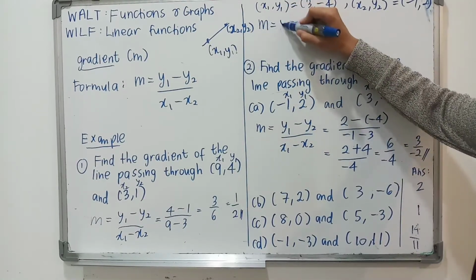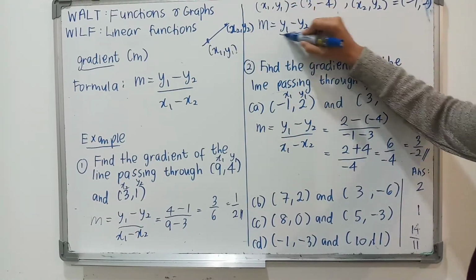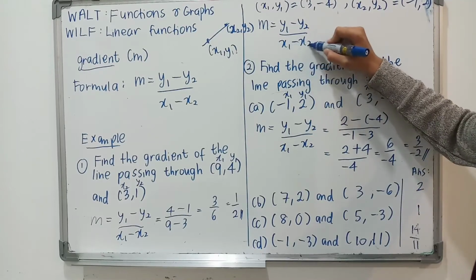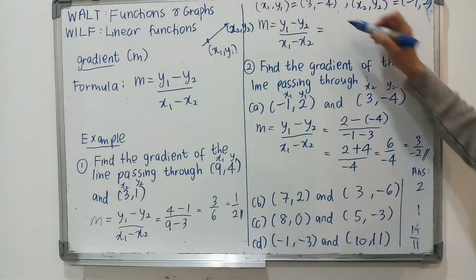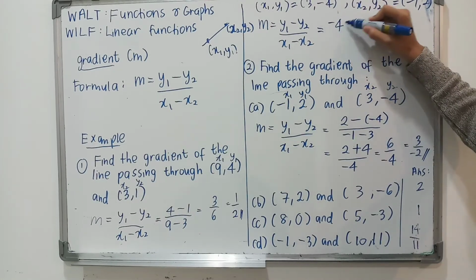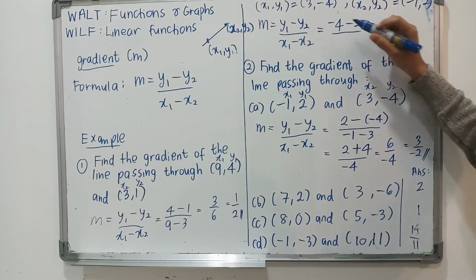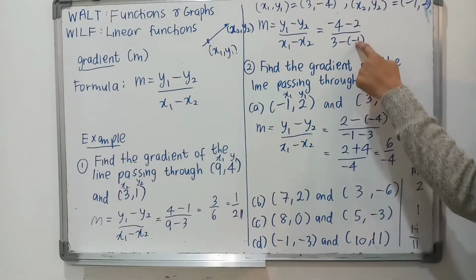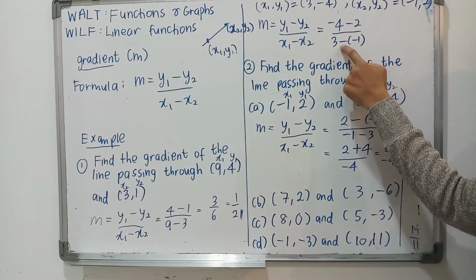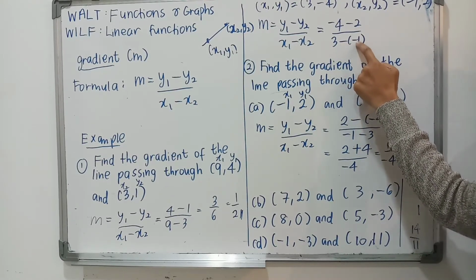M equals y1 minus y2 over x1 minus x2. Let's just key in. So you will get negative 4 minus 2 over 3 minus negative 1. I put brackets because I know that the negative sign will affect my negative value here.